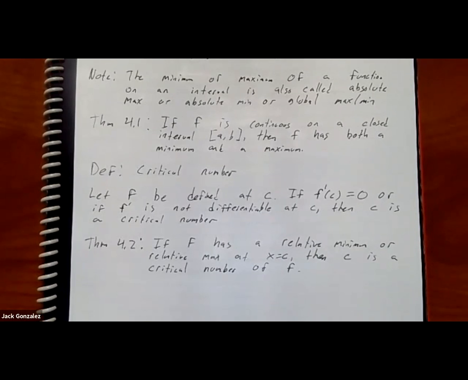So basically what we're saying there is if there's a minimum or a maximum at some number c, then c is going to be a critical number. So you can find the critical numbers in order to find the relative minimums or maximums. Okay.